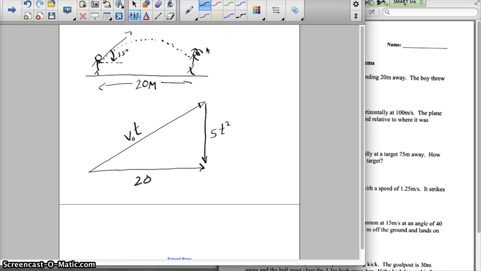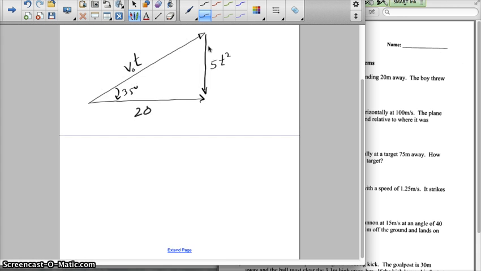All right. And let's see. Oh yeah, we also know that this here is 35 degrees. Well, I know one side and an angle, so I should be able to solve for everything. So let's try cosine.